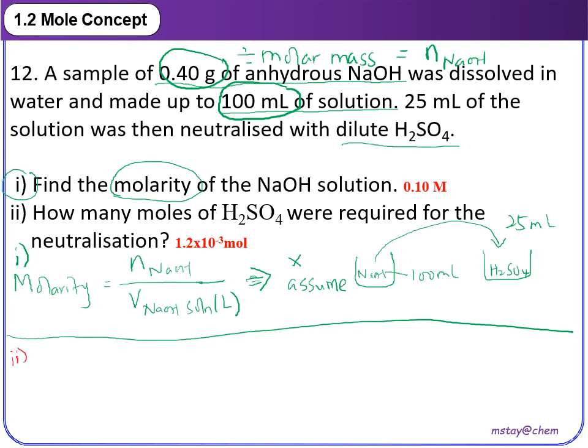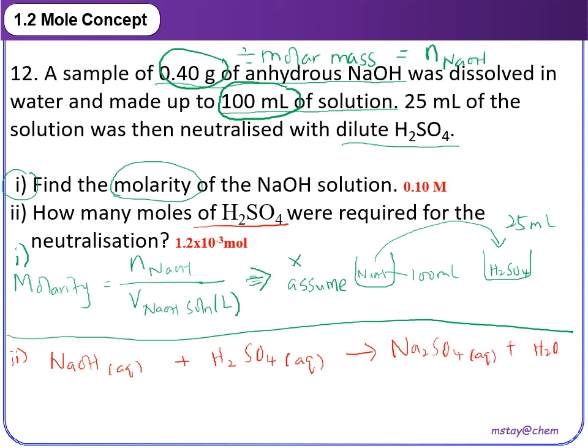Part 2, the question asks us how many mole of H2SO4 will react, required for the neutralization. Because this is a chemical reaction, basically we are going to write out the chemical equation. NaOH reacting with sulfuric acid is a neutralization process, so we produce salt and water.